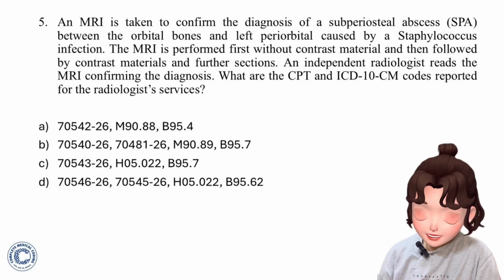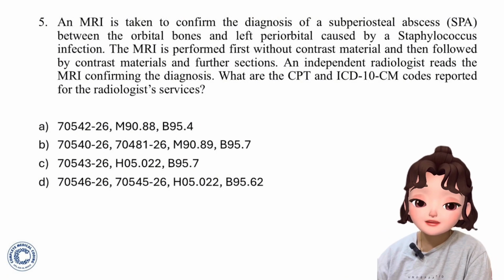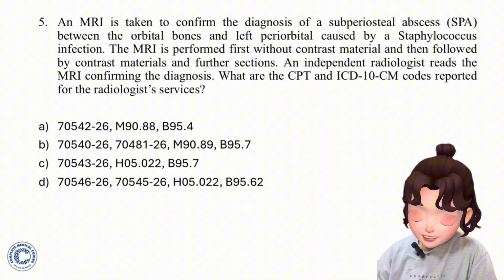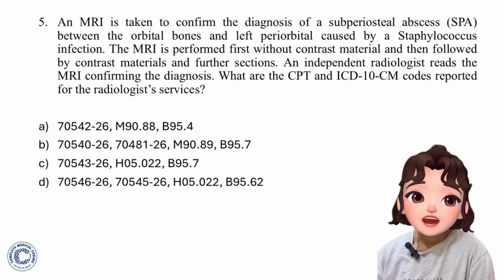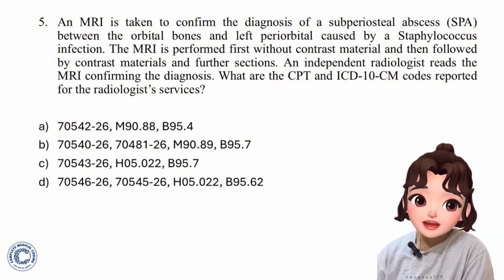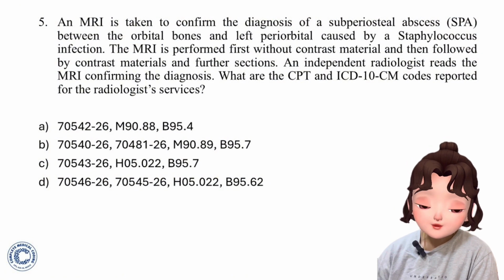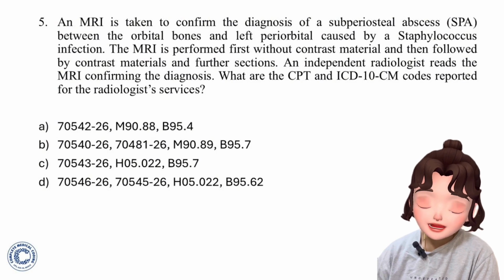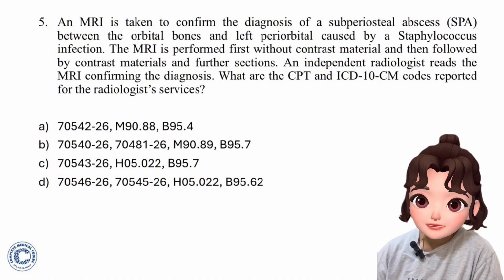This is the exact description that is mentioned in the question. And it is appended with modifier 26 to mark it as a professional component, because in the question it is mentioned that the radiologist reads the MRI confirming the diagnosis. So you have to append it with modifier 26.